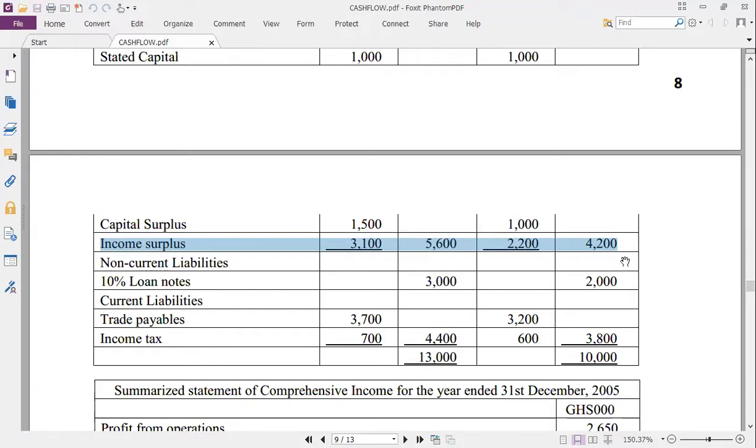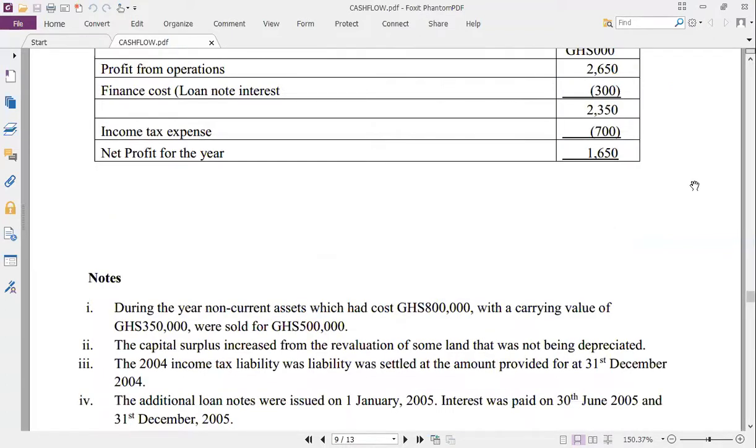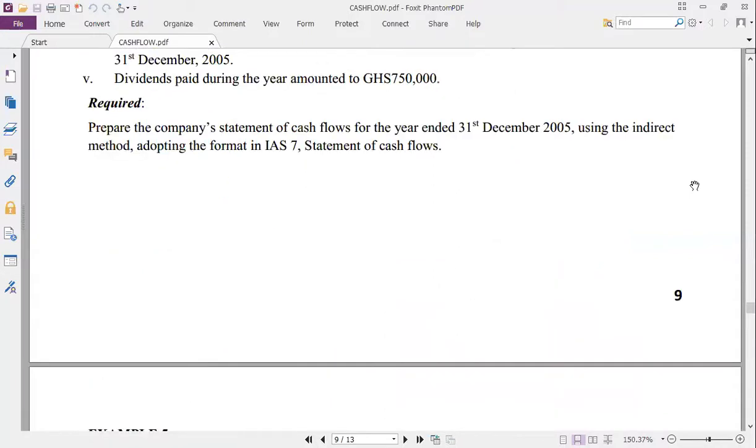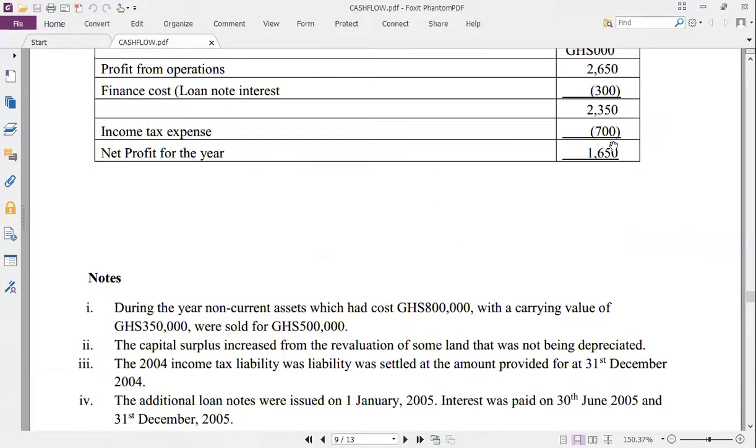The opening balance is 2,200, plus the profit for the year, which is the profit after tax, the net profit for the year. The profit after tax is 1,650. So 1,650 plus the opening balance of 2,200, right? Good.